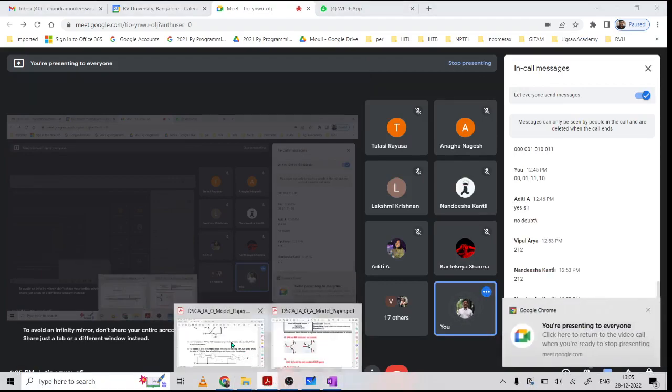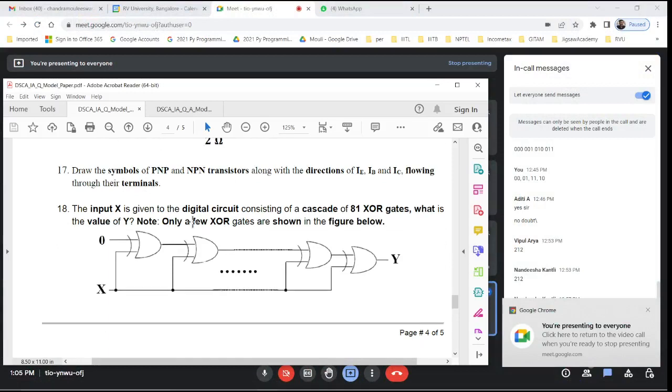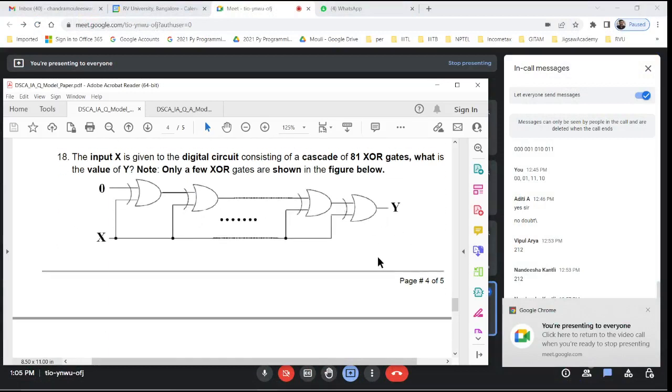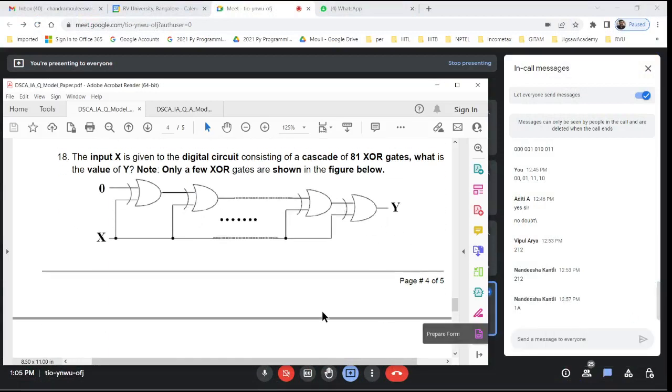Okay, so this involves a little thinking. I want to see if anybody is giving me the answer for this. Anyone wants to go for it? Doesn't matter whether it's right or wrong. Has anybody solved it and found the answer?